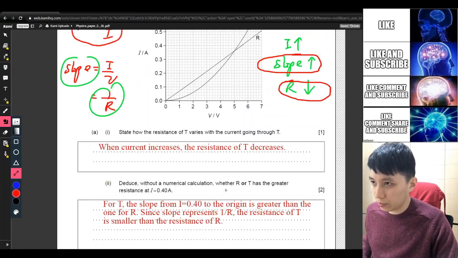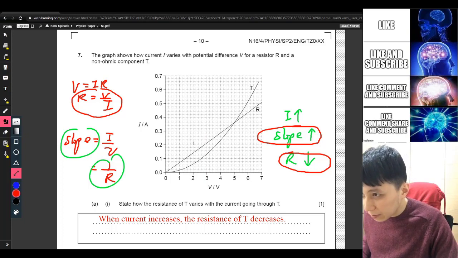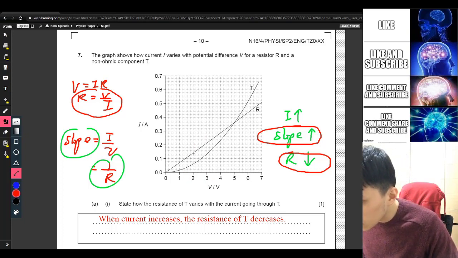Yeah, 0.2. So obviously it cannot be this point, because for R it is already 0.2. So it's probably something like this, maybe? This and this? I think so. Yeah.